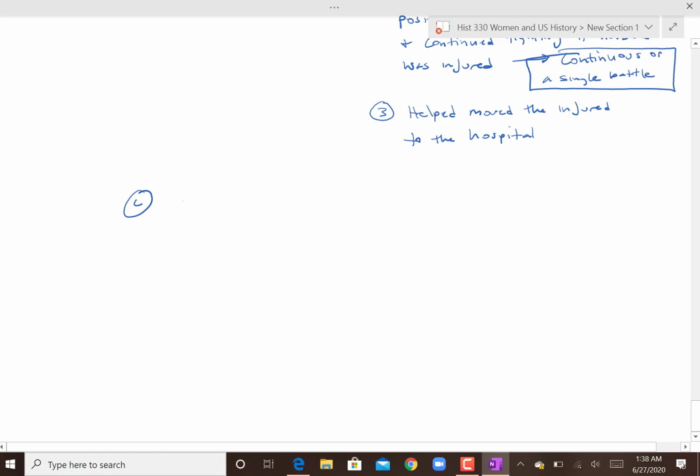And then you had women who were fighters. Or we'll put soldiers. Women who were soldiers. So one was the camp followers, right? Where they were not disguised or anything like that, but they aided in the battle in some way or another, whether that was a continuous thing or a single battle, right?